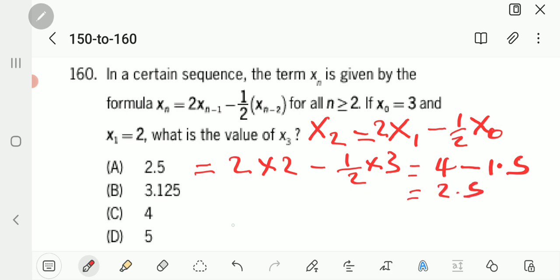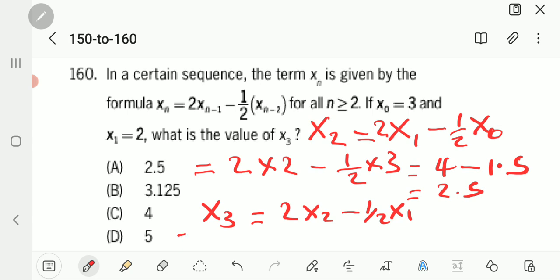We now go and look for the one the question is asking. The question is asking for S3, which is 2S2 minus half S1.